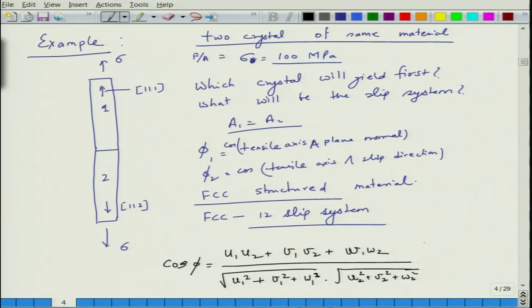So, this is the angle between u1 v1 w1 and u2 v2 w2 in a cubic system.